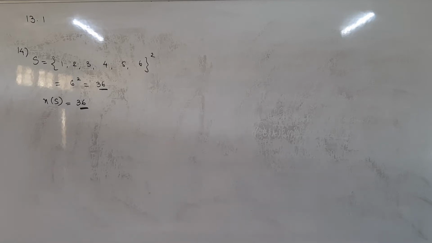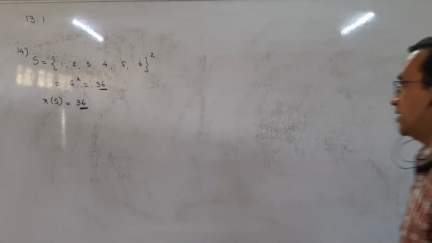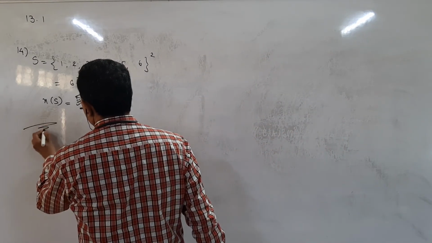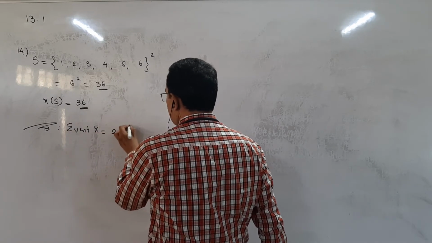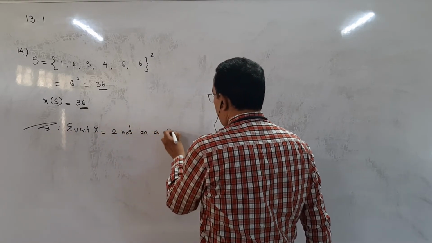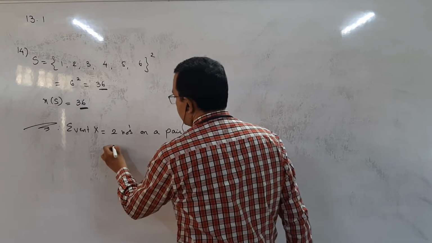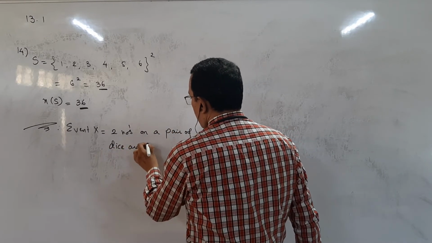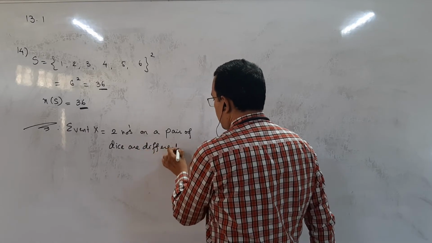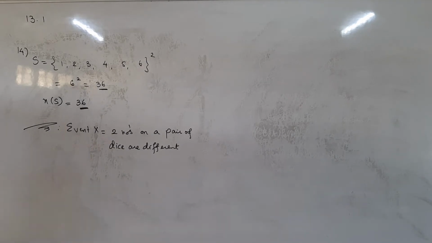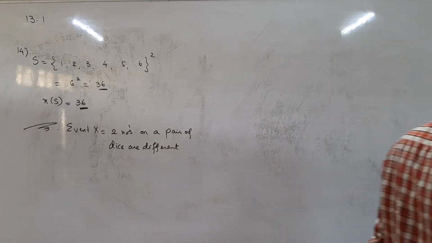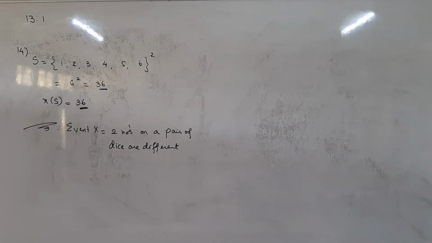Given that two numbers appearing on a pair of dice are different, this time let us write this event as x. Event x: two numbers on a pair of dice are different. This means we do not have a doublet.